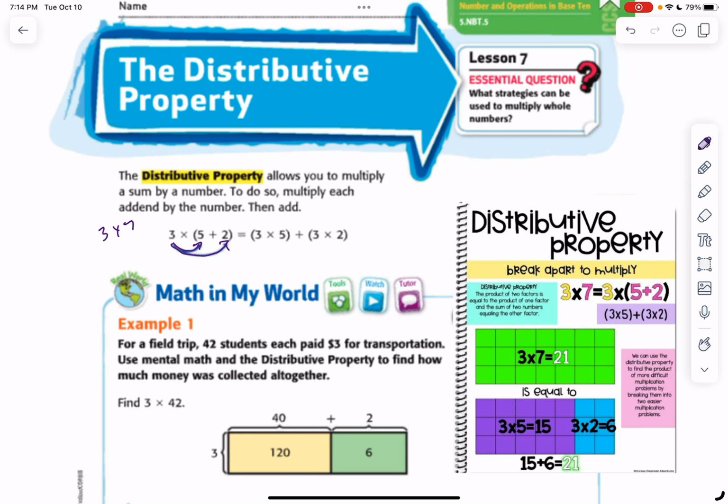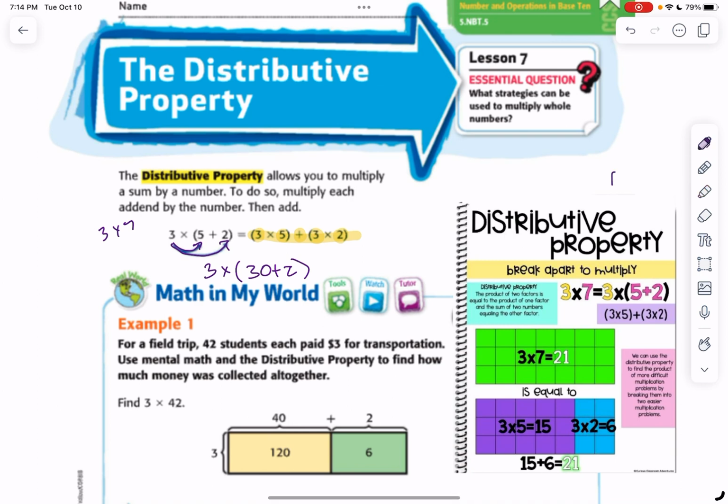Then maybe you're doing 3 times 30 plus 2. And then it makes more sense perhaps to break up the number into its place value parts. This right here is another way to write it: 3 times 5 plus 3 times 2. Both of those are representative of how we might use the distributive property.